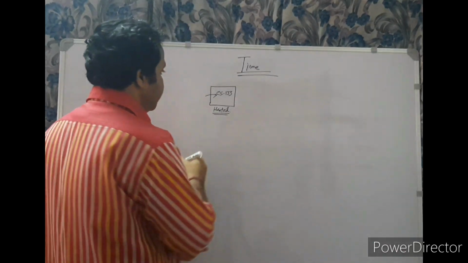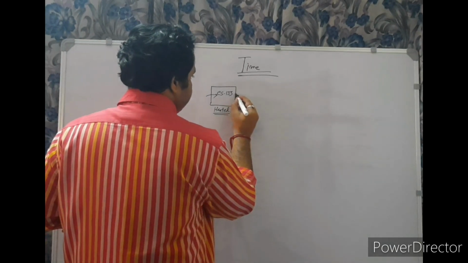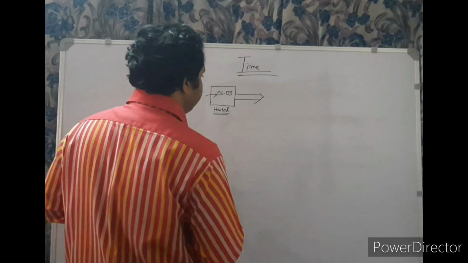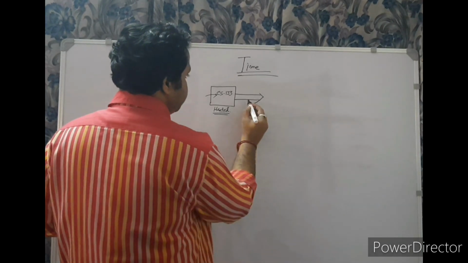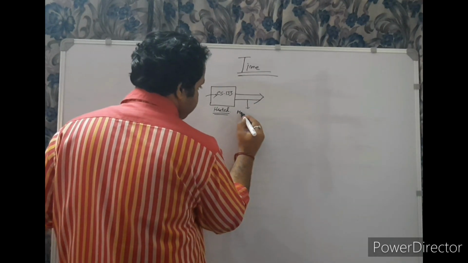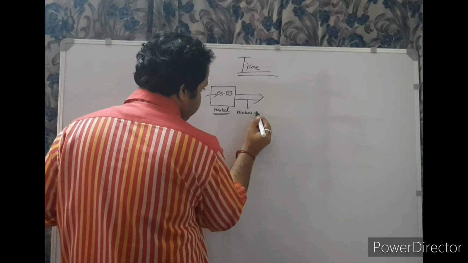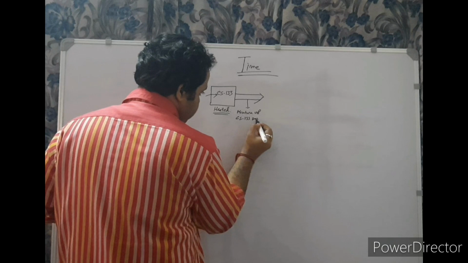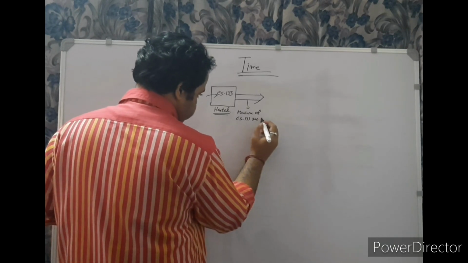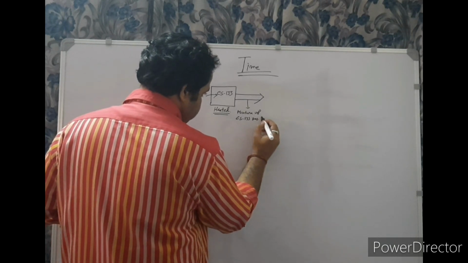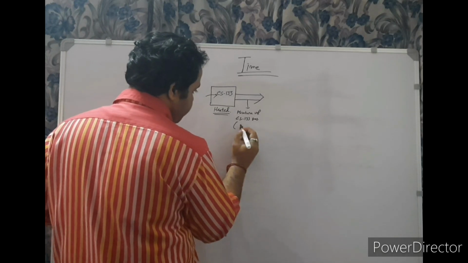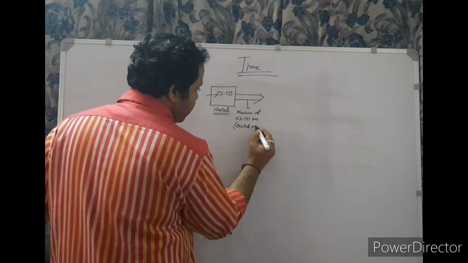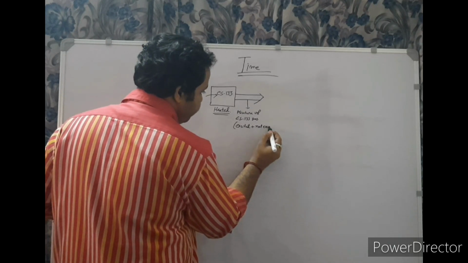So after being heated, that gas jet is released from this chamber. So this is a mixture of cesium-133 gas with some excited and some not excited.